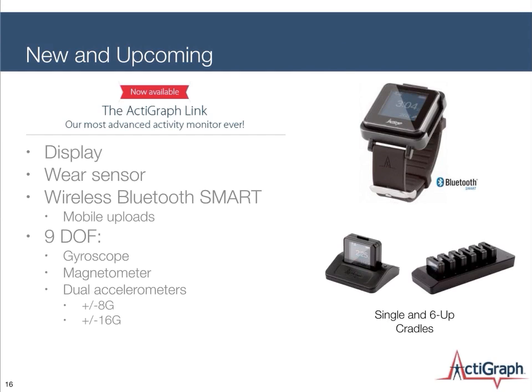And so we're excited about that. And you'll note that we do offer that dual accelerometer with a plus or minus 16G range. The 8G range is our nominal accelerometer, which we have used to validate against our previous devices as always. And so those options are available in that product at a great price.